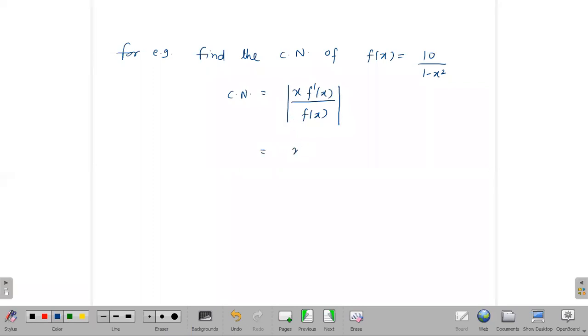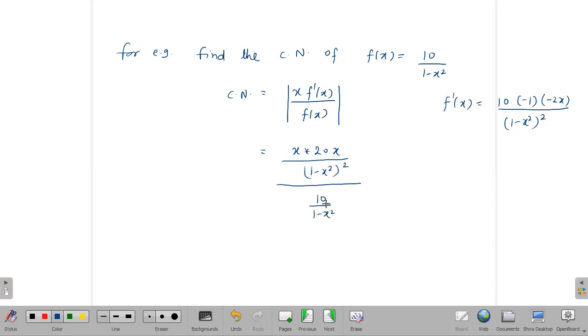So x into f dash x, if I find its derivative, it is 10 into minus 1 divided by 1 minus x square whole square, into minus 2x. So that will become 20x divided by 1 minus x square whole square, divided by 10 by 1 minus x square.